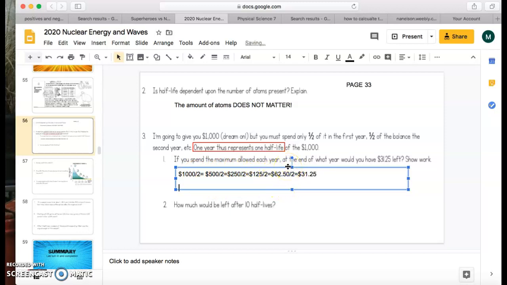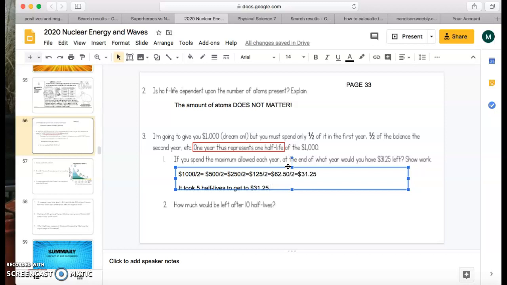So how many half-lives? 5. It took 5 half-lives to get to $31.25.